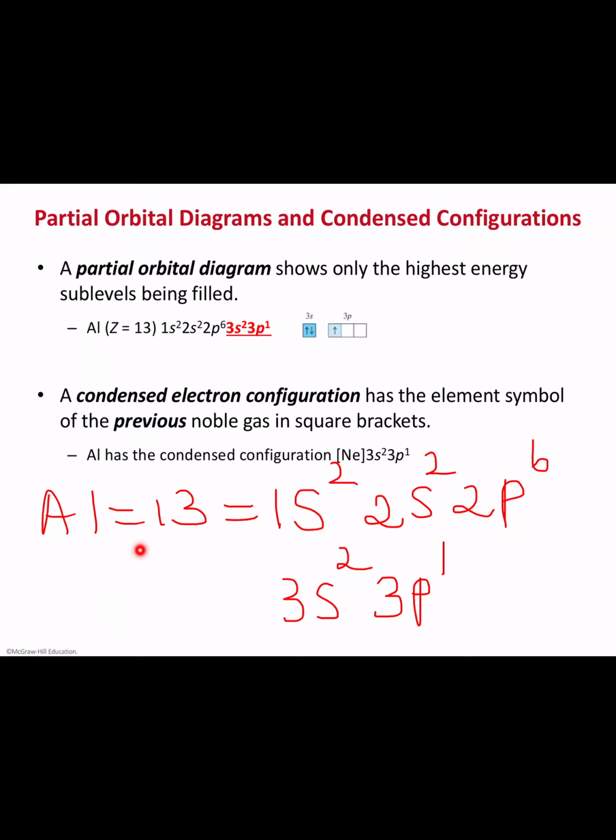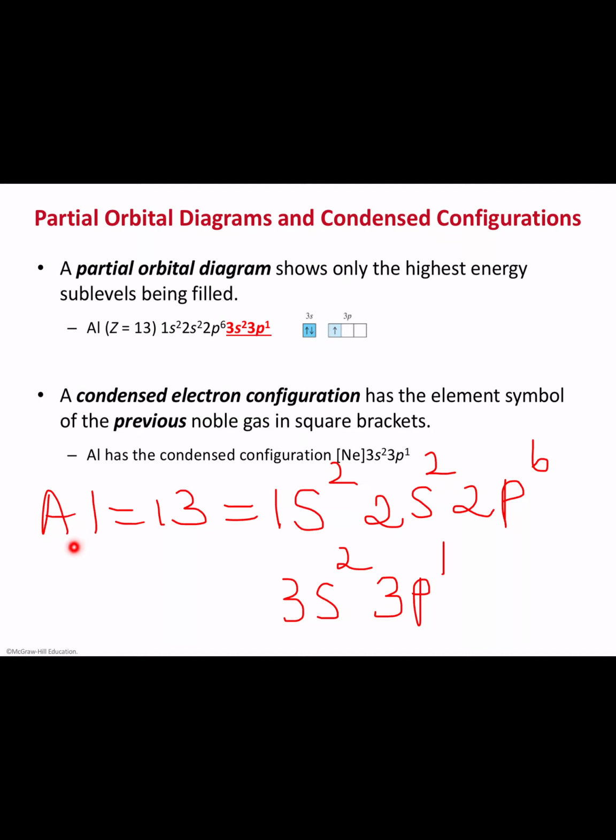So in this case, atomic number 13, aluminum. What is the noble gas that comes prior to aluminum? It is neon, right? You can refer to your periodic table. Neon has 10 electrons and neon comes right before aluminum.